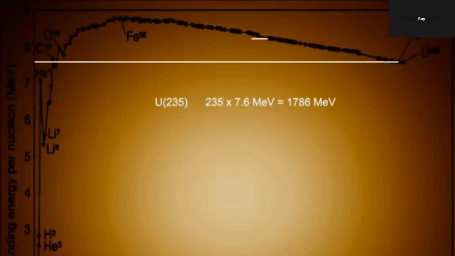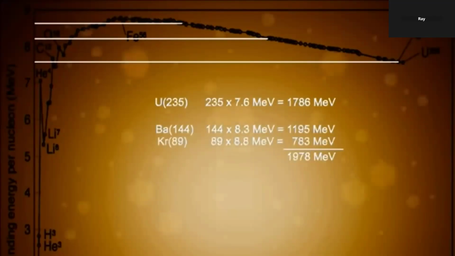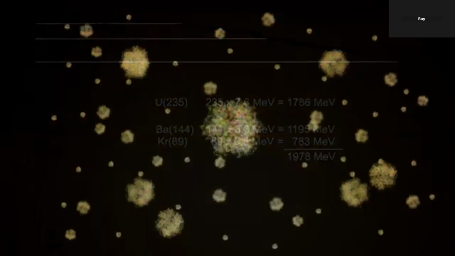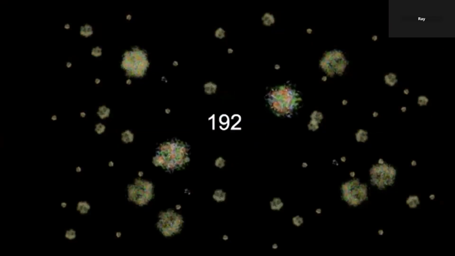While barium-144 has 8.3, and krypton-89 has 8.8. And the extra neutrons have no binding energy. So every time a nucleus of uranium fissions, we get about 192 MeV of energy.